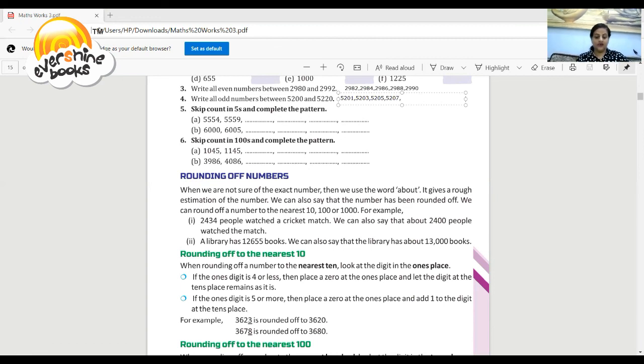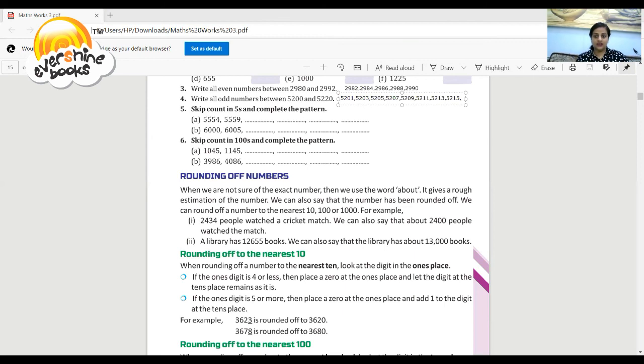Next is 5209. Next is 5211. Next is 5213. Next is 5215.